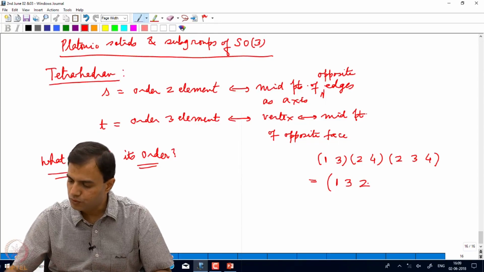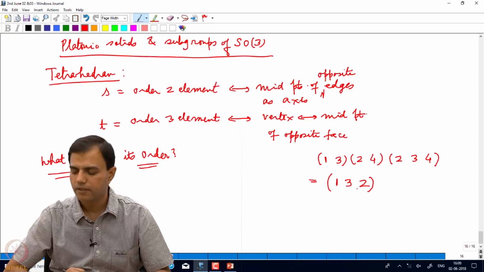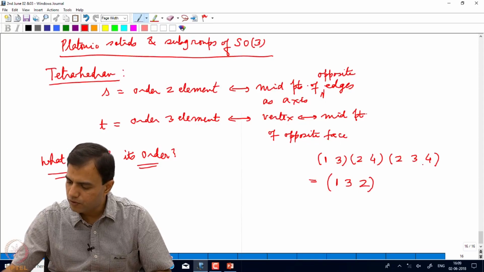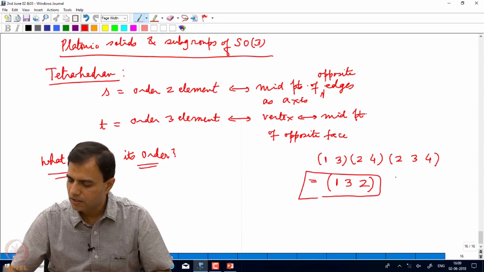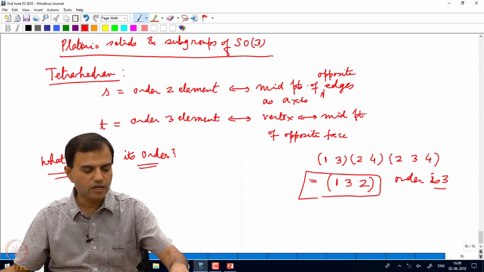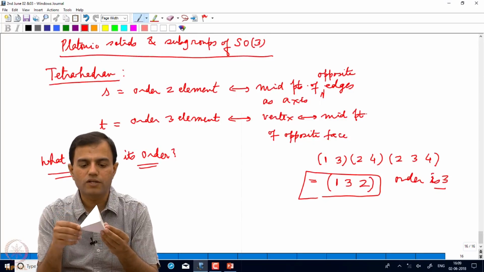What happens to 2? 2 goes to 3, and 3 goes to 1. So this is over. And what about 4? 4 goes to 2, and 2 comes back to 4. So this is it. So the order is 3. So when you actually compose like this, the order is 3.